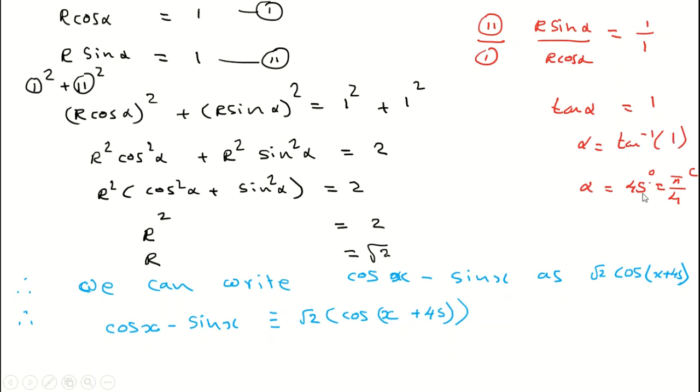Tan inverse 1 is 45 degrees; in terms of radians, it is pi over 4. As required in the question, you have to take it. So we can write cos x minus sin x as r cos(x plus alpha). That means it is equal to root 2 cos(x plus 45), because we found our alpha is 45 and r is root 2.